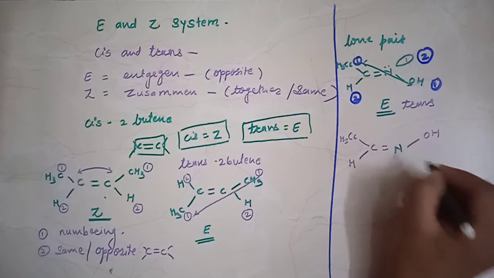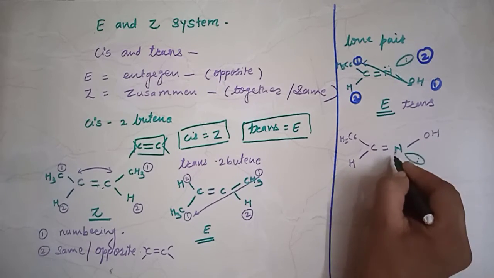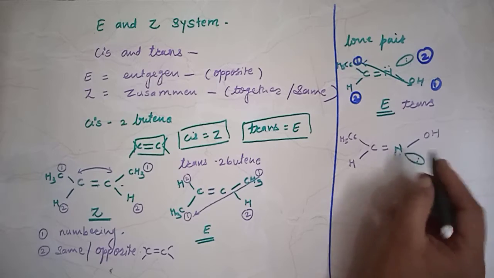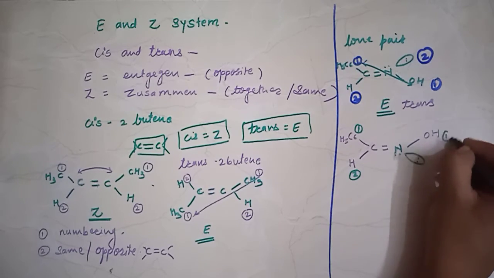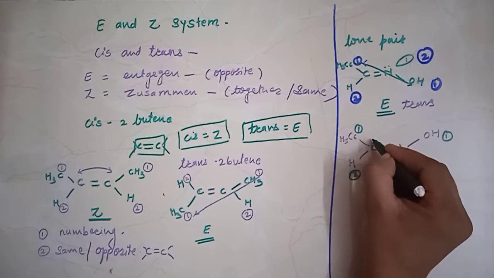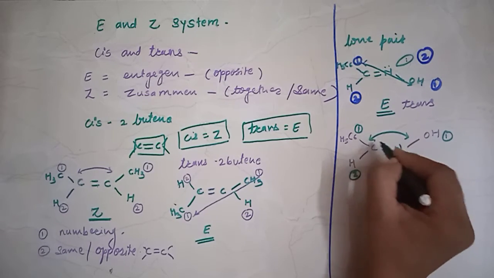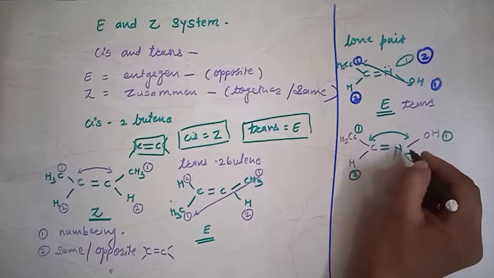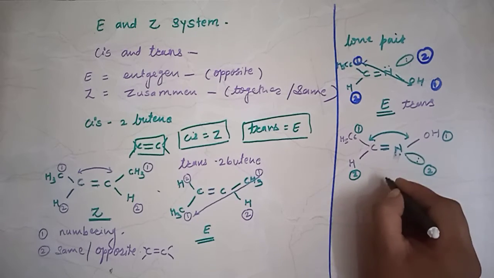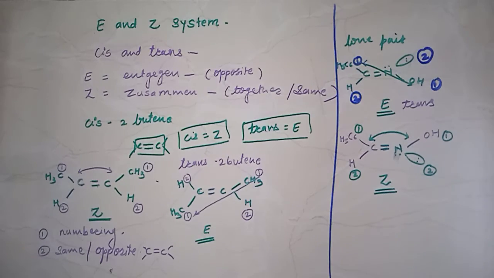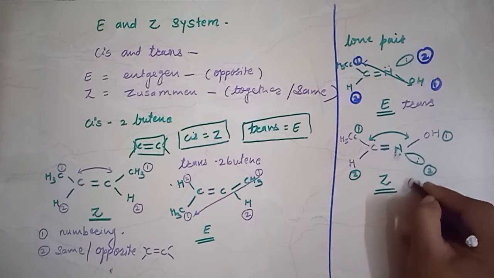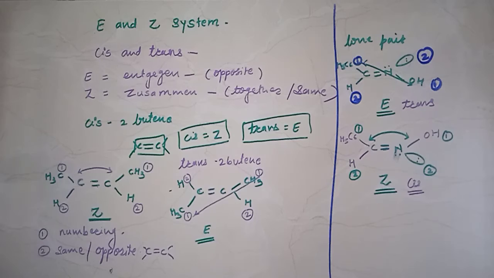Here is the lone pair on the nitrogen, and this is a cis compound. Give the numbering similar to the above compound: OH having 1 and the lone pair having 2. These bulkier groups, the number 1 groups, are on the same side of the double bond, so it is Z nomenclature. So Z means what? Cis compound.